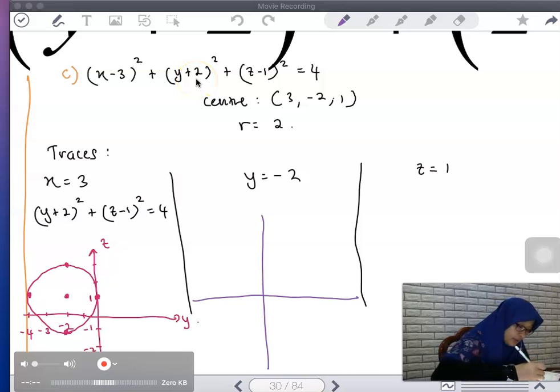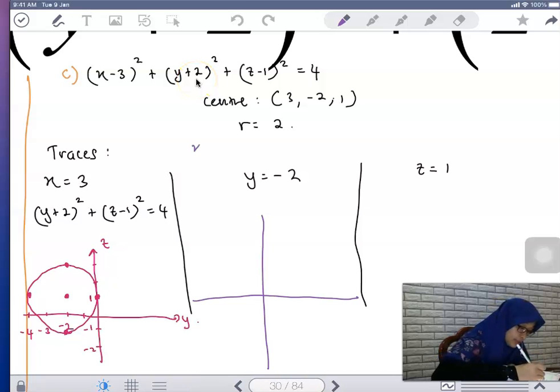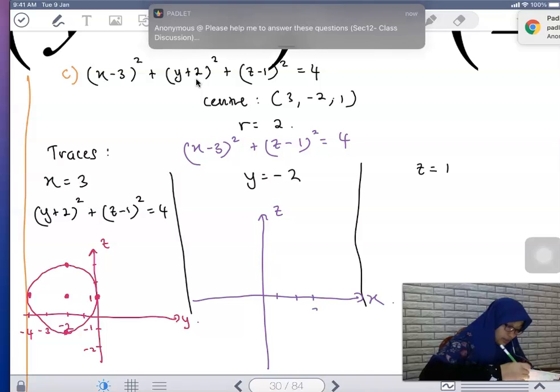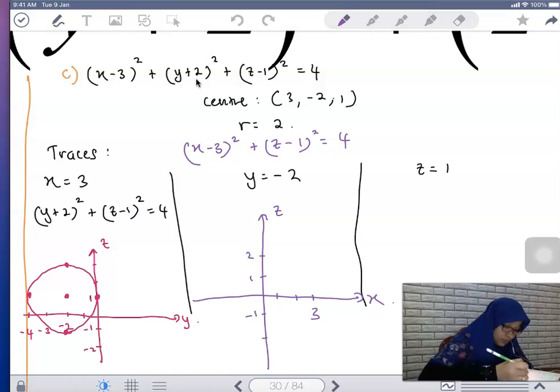So you have only (x minus 3) squared plus (z minus 1) squared equal to 4. Now you have to sketch with z and x. x is 3. So 1, 2, 3, 1, 2, minus 1, minus 2, 4, 5.